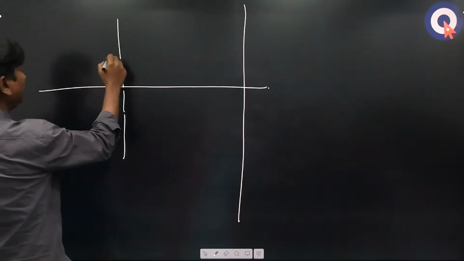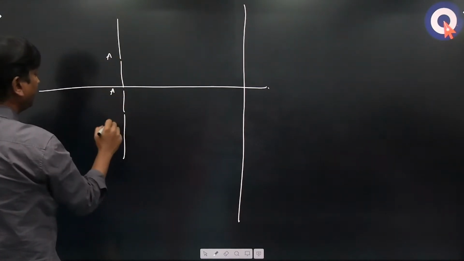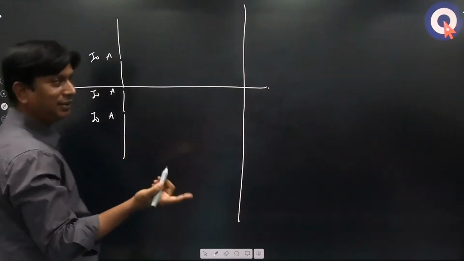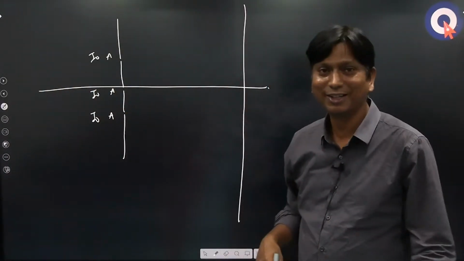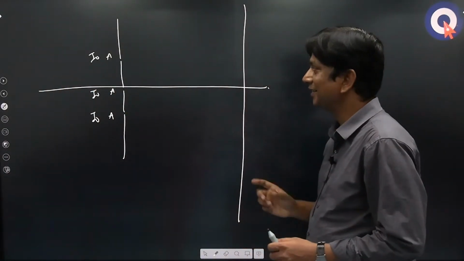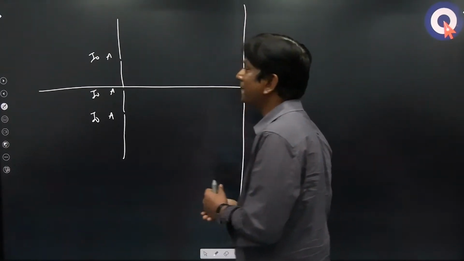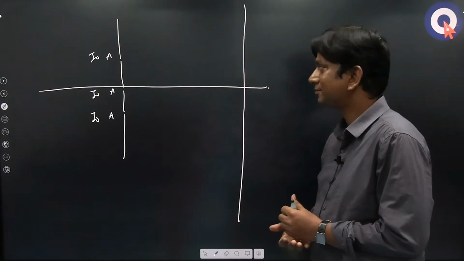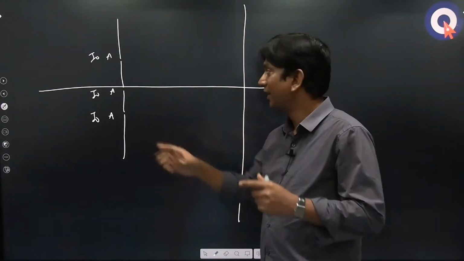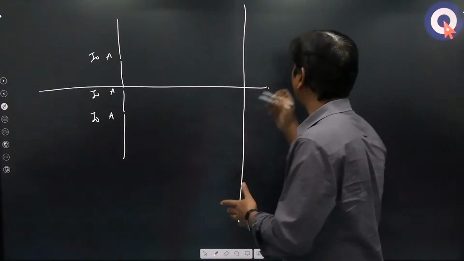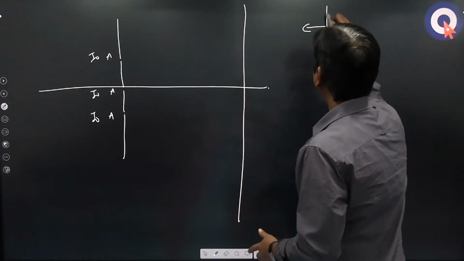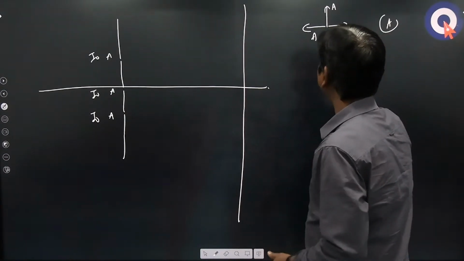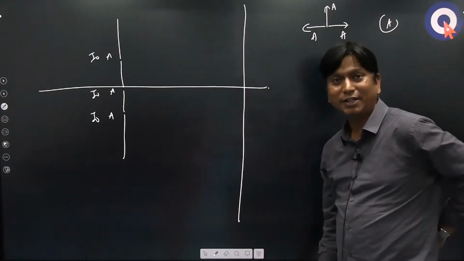So let us say if this amplitude is A, and A, intensity is of course I0, and resultant intensity is I0 only you should get. That is another maxima. See, the thing is, just a small point. That means two vectors. See, amplitudes you can take it like vectors. So two vectors can be like this. Third one can be like this. A. And what is the resultant? A only. No?